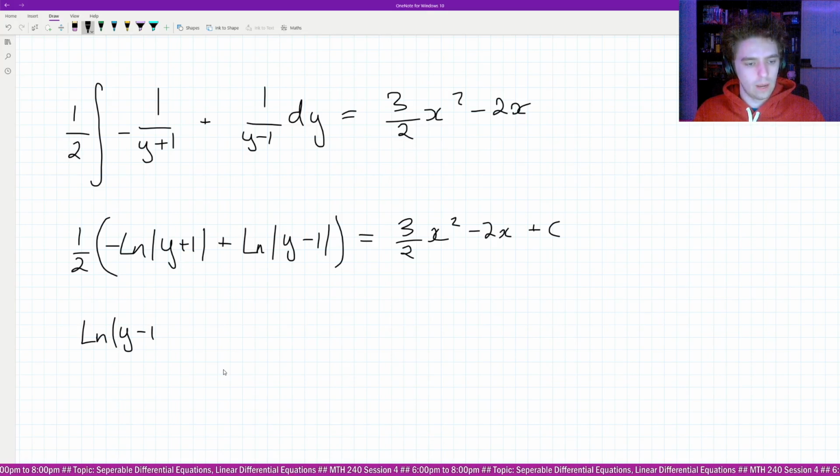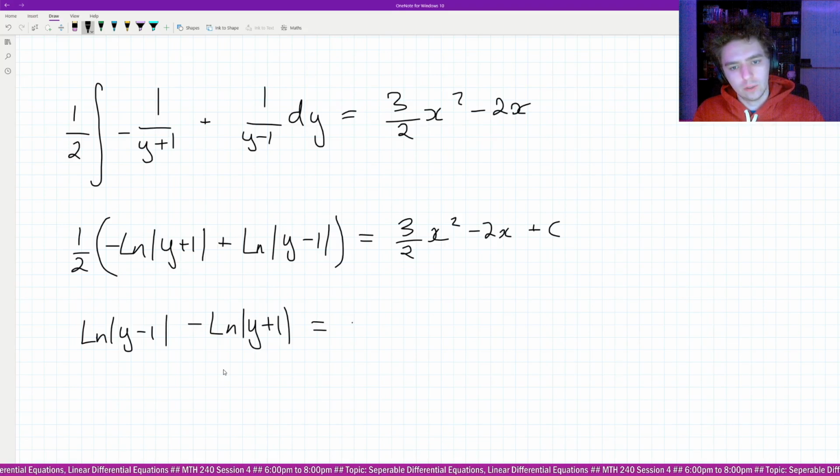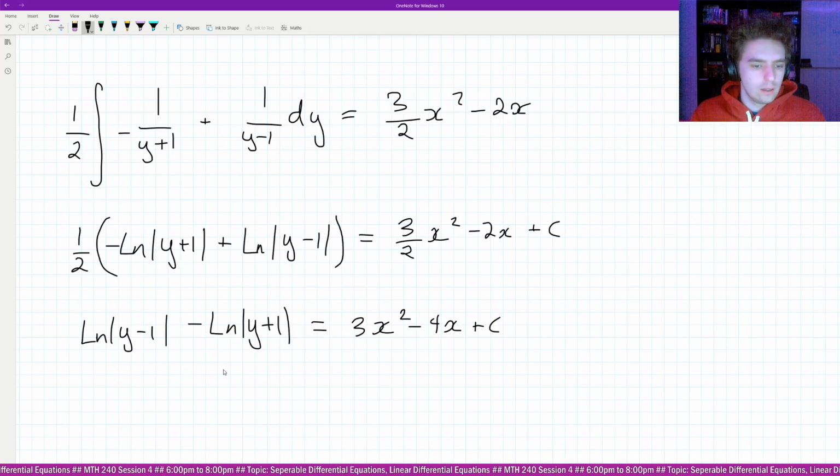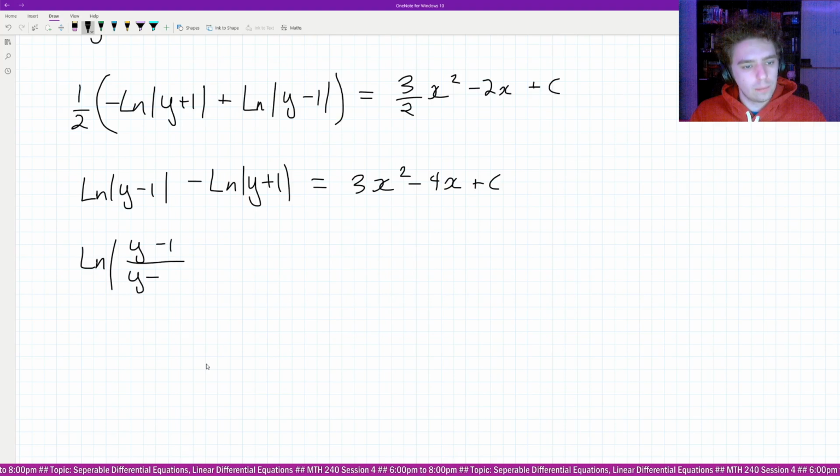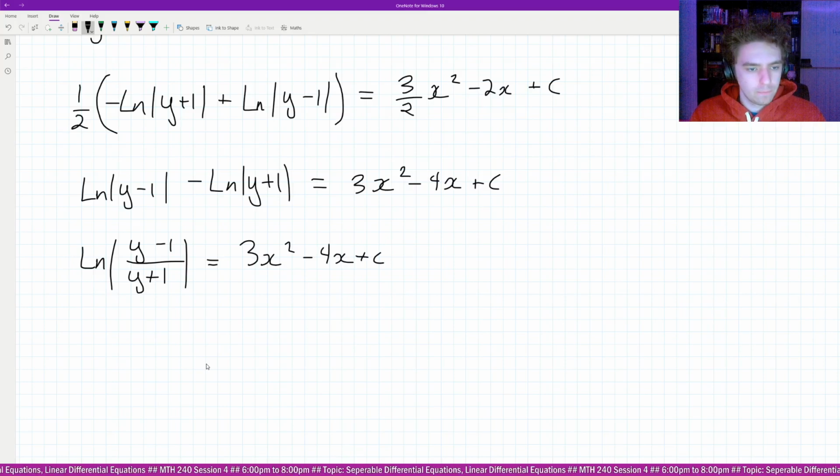So ln absolute value y minus 1 minus ln absolute value y plus 1 equals 3x squared minus 4x plus c. Okay, and then I can use my logs rule, turning this into ln absolute value y minus 1 over y plus 1 equals 3x squared minus 4x plus c.